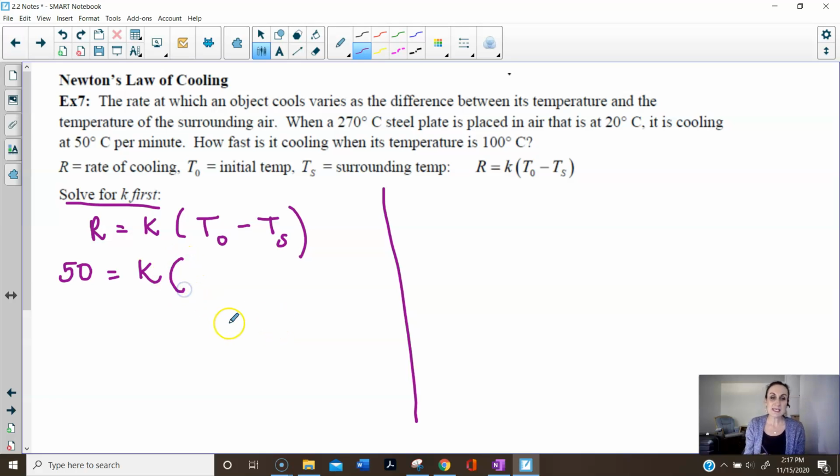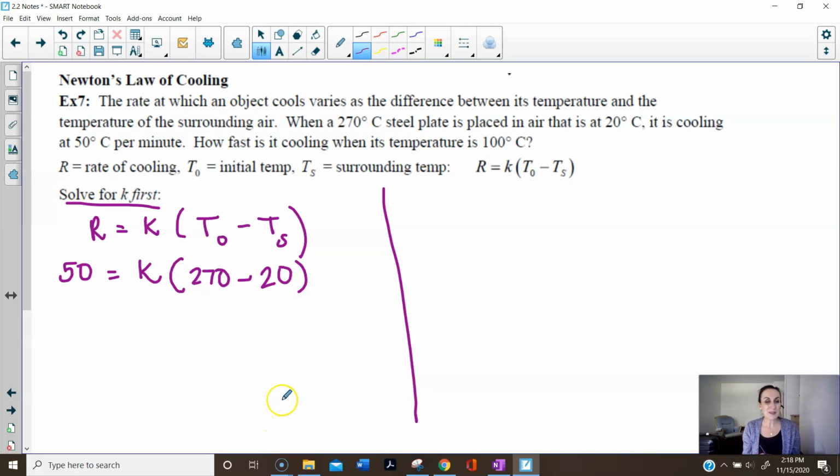And then we're just going to plug in what we know. T sub O is the initial temperature, and it says 270 degrees was the initial temperature. T sub S is the surrounding temperature, and it says it's placed in air that's 20 degrees. So 20 is your surrounding temperature.